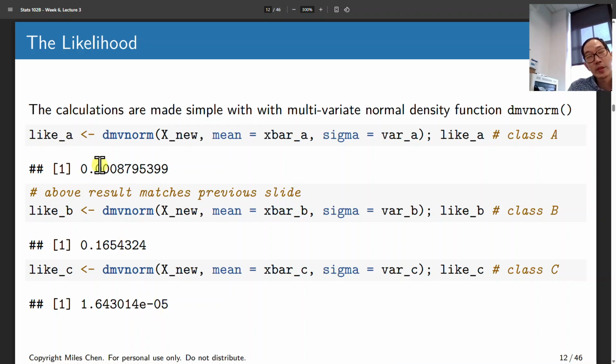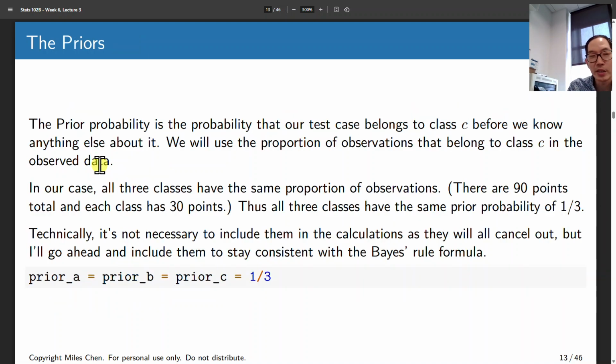We would do our likelihood times our prior probability, sum the numerator across all of the classes to get our marginal, and then divide by our marginal to get our posteriors. Now in our case, the prior probability is, prior to looking at our data, what is the probability that a test case belongs to a given Class C, whatever it is, before you know anything else about it, okay?